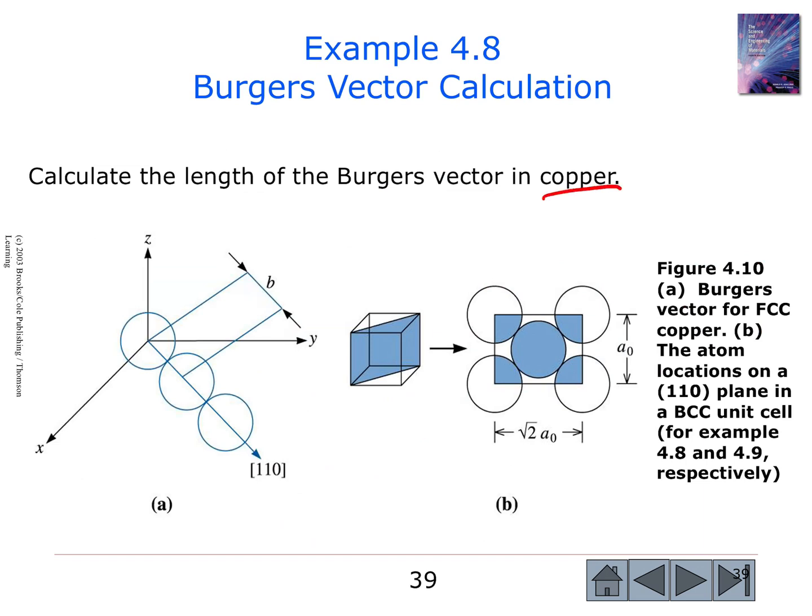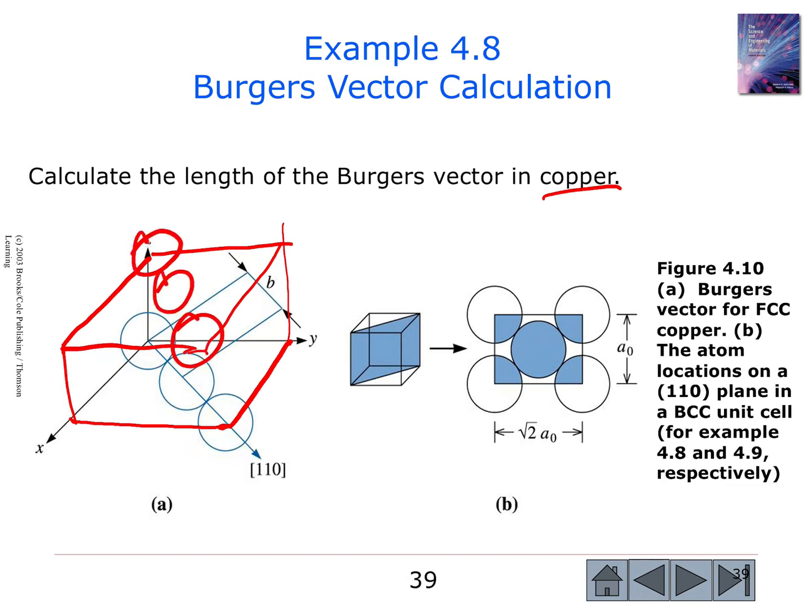So if I draw this unit cell, it will look like this, right? So you're going to have atoms here as well, and here as well, and here as well, clear, there and there.